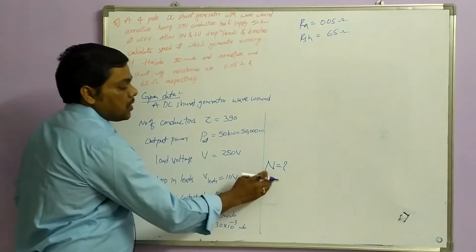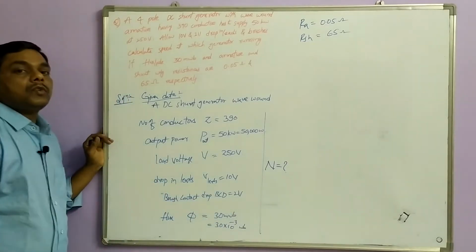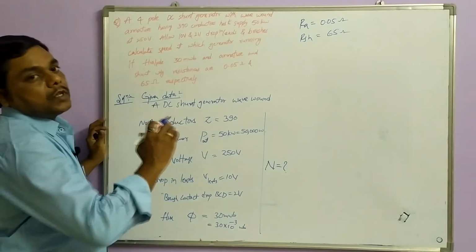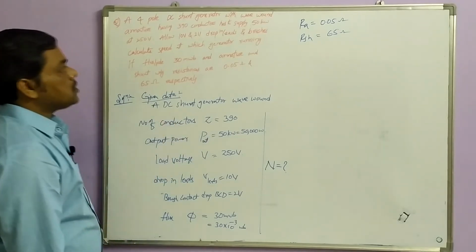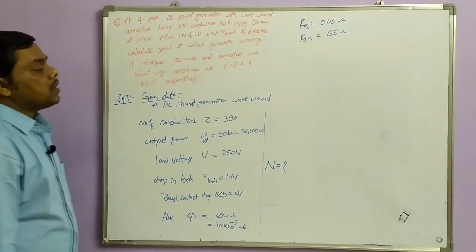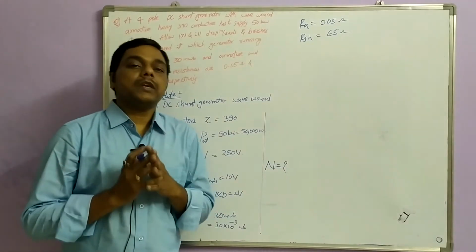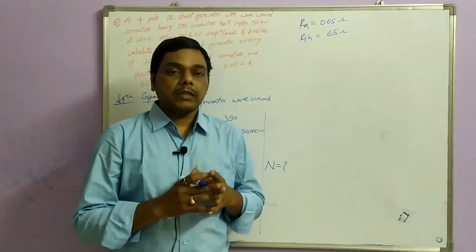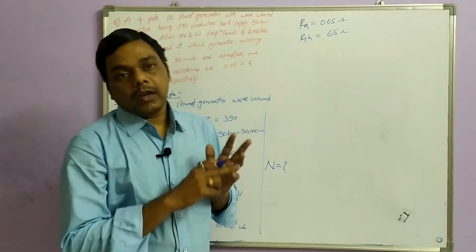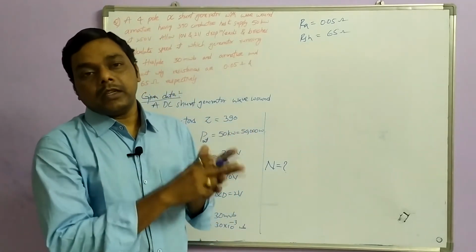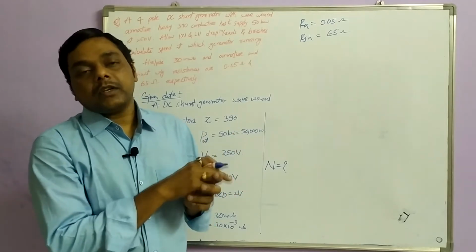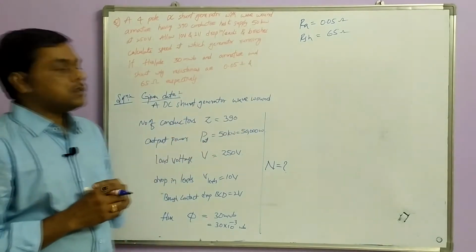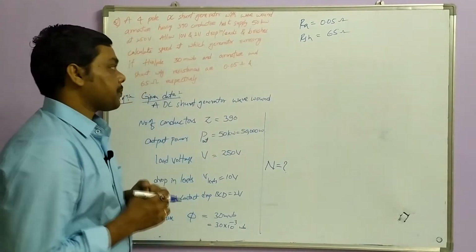But speed is a function of generated EMF. So we have to determine the generated EMF by using armature current. Now to solve this problem, first we have to determine the currents. In DC generators, the first and most important thing is to find out the currents: line current, load current, shunt field current, series field current and armature current. Then the generated EMF, voltage relations and speed relations are easily determined.